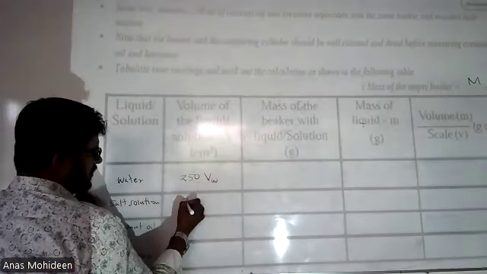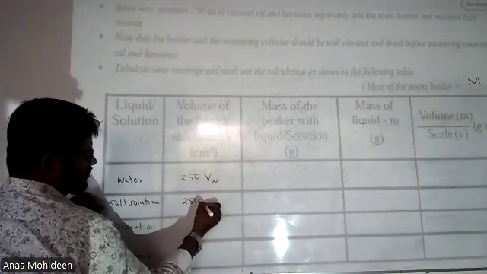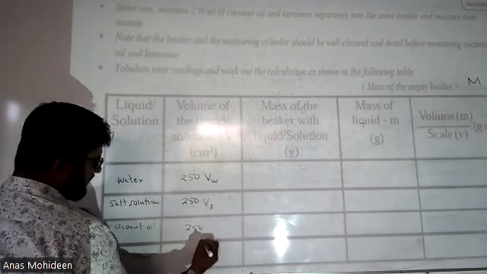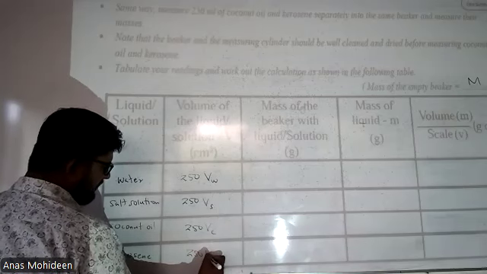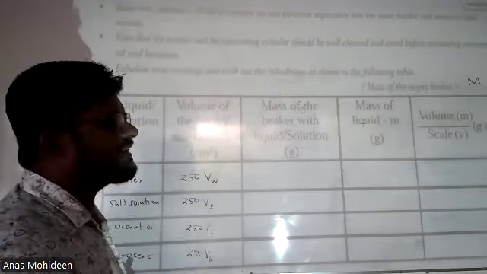250 ml of water, 250 ml of salt solution, 250 ml of coconut oil, 250 ml of kerosene. Then what do I do? I measure the mass of the beaker with liquid. Mass is capital M, right?